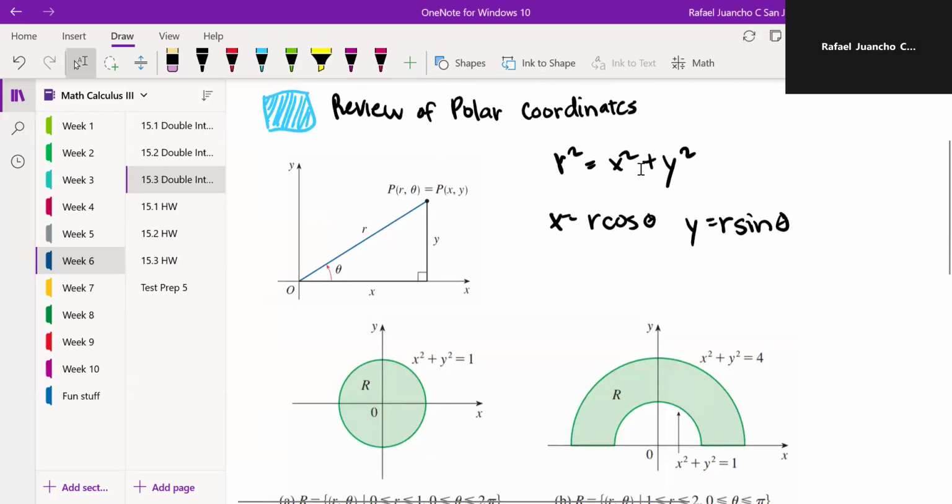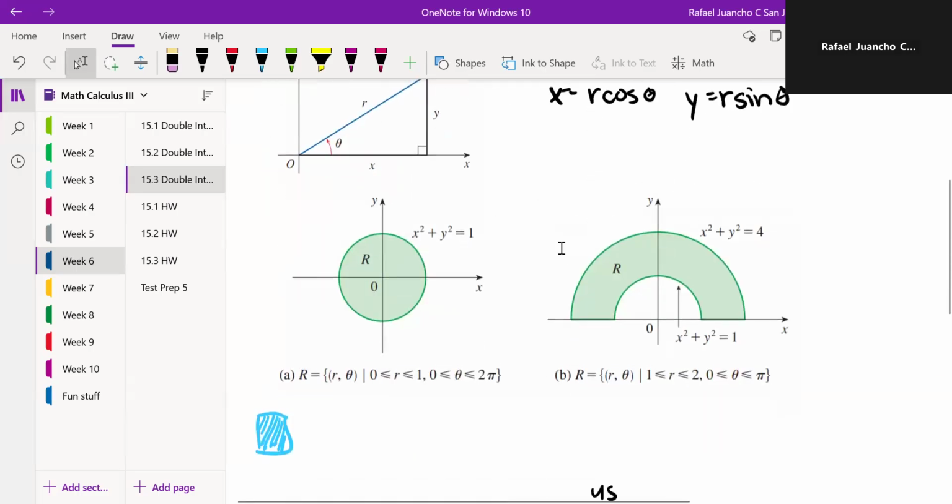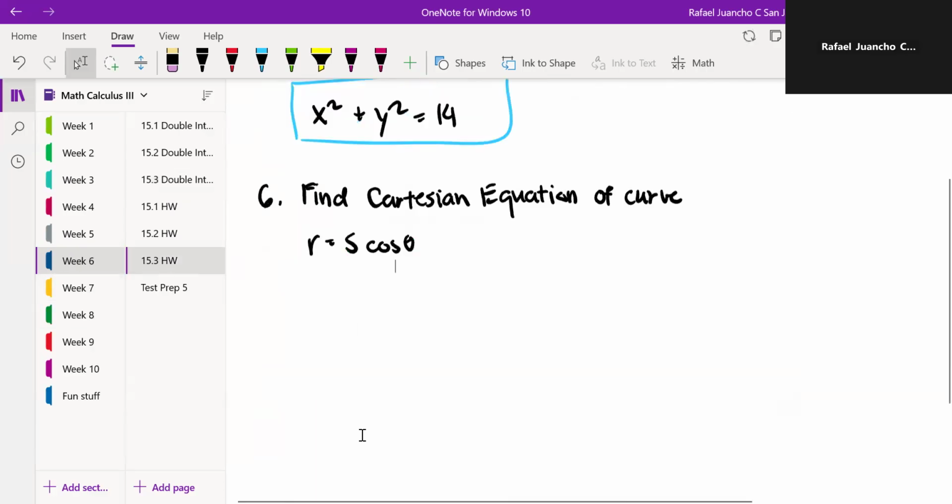I mean, it's really just... What might this be? Okay, let's think about it for a bit here. r is equal to 5 cosine theta.